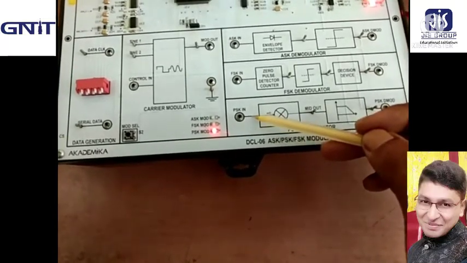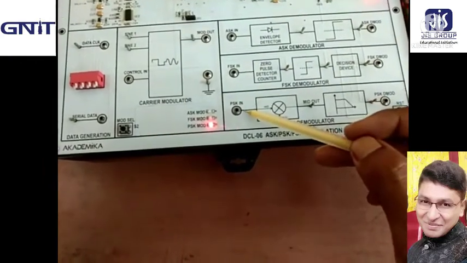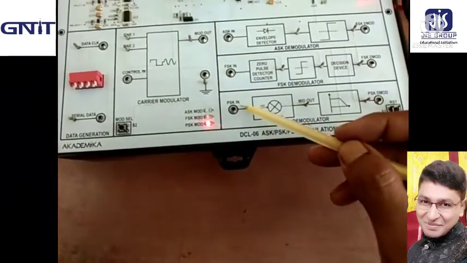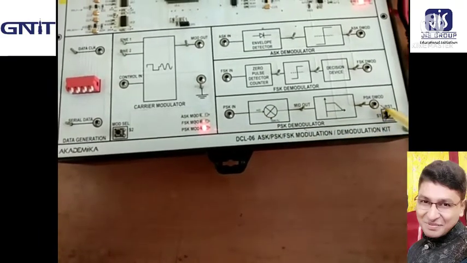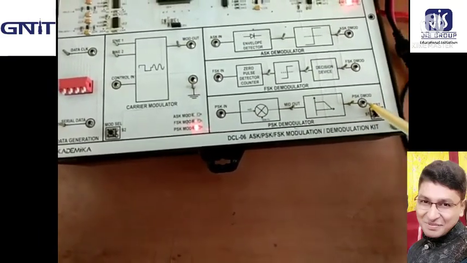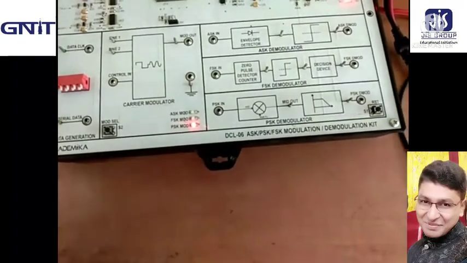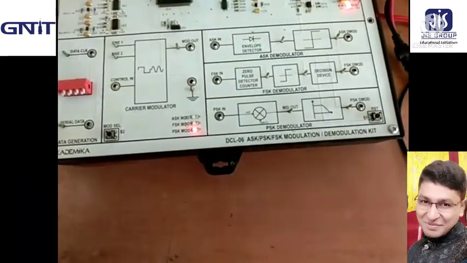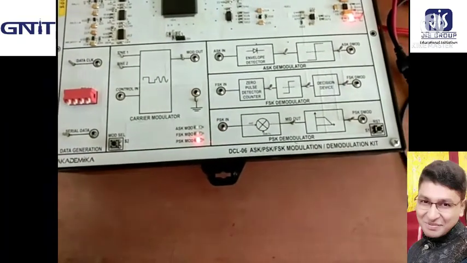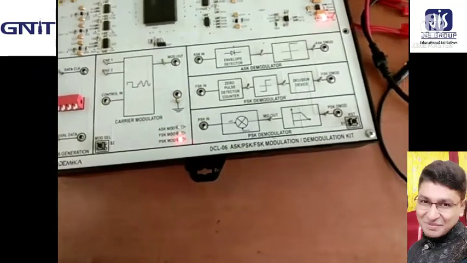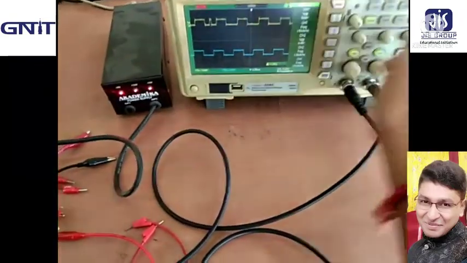For demodulation, the modulation output and PSK in, these two points, are connected through the connecting links, and the demodulation output is present at this point. This is our power supply, and this is our DSO.